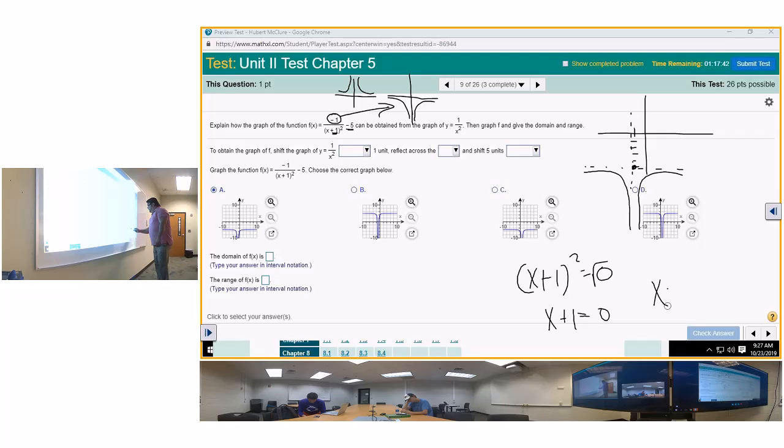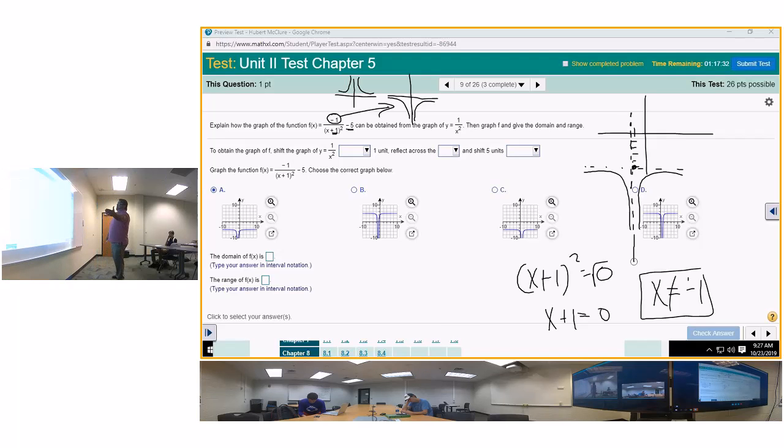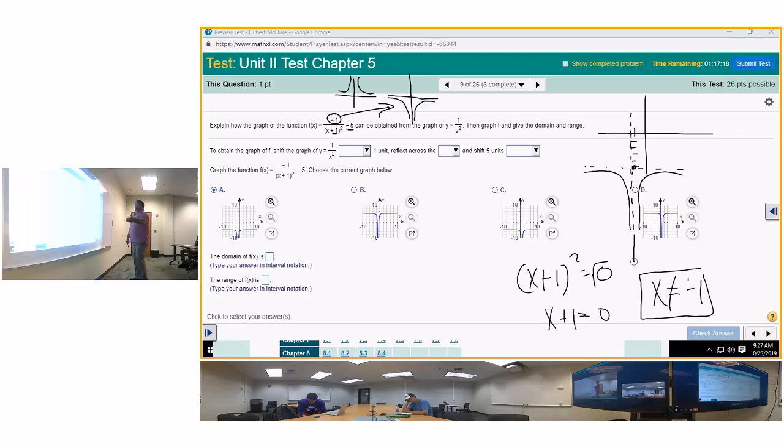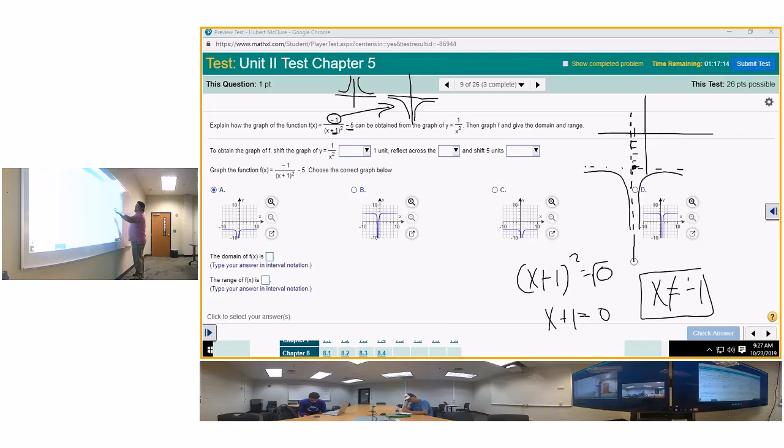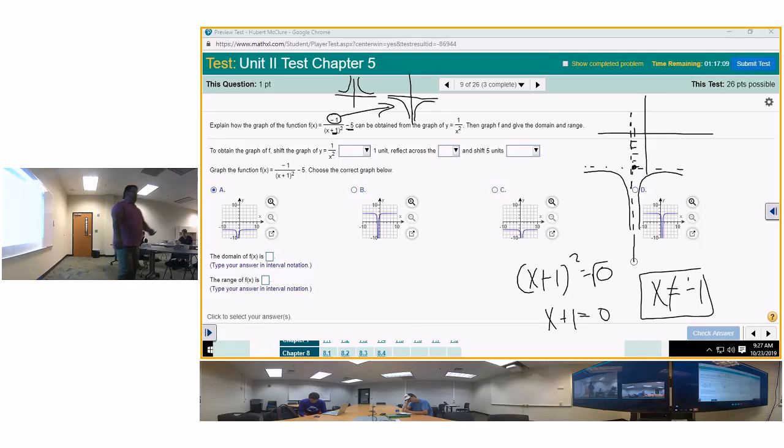X cannot equal negative 1. So at negative 1, you've got a vertical asymptote. So what's the domain? Negative infinity to negative 1, and negative 1 to infinity. Parentheses or brackets? Parentheses, because you can't touch a vertical asymptote. So I think the range is negative infinity to negative 5. Good. So that's what you're going to get on that.